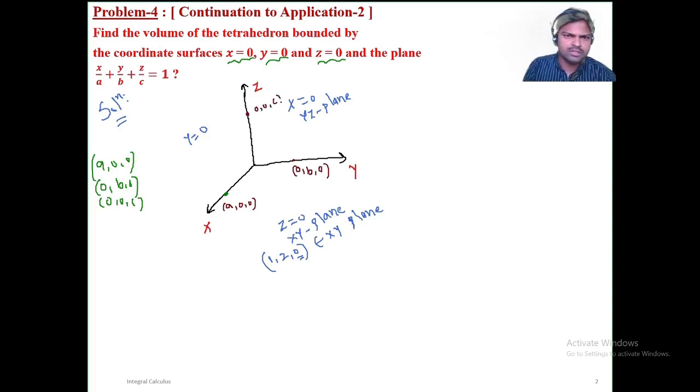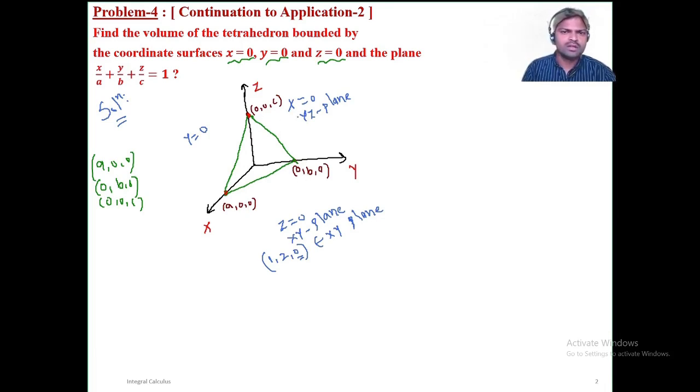Let us take these 3 points, on the x axis, y axis, z axis. Now the surface is passing through these 3 points. This is the plane which intersects x axis at a comma 0 comma 0, y axis at 0 comma b comma 0 and z axis at 0 comma 0 comma c.